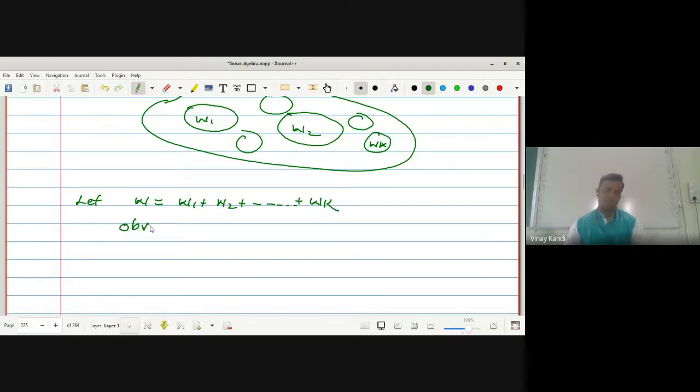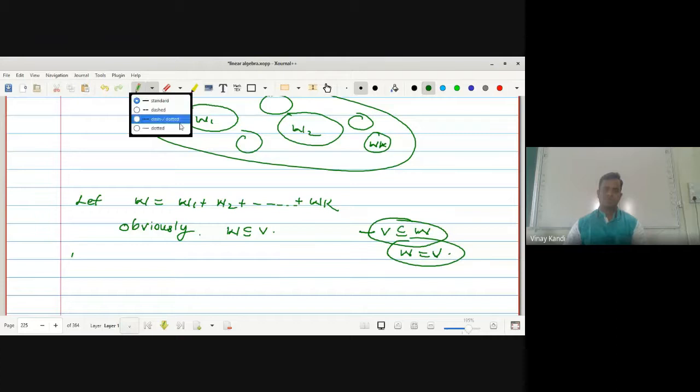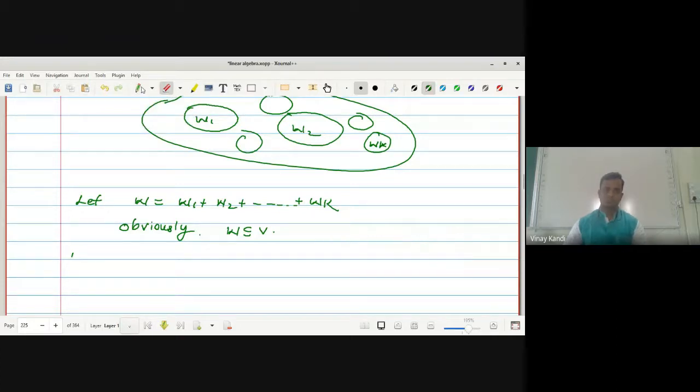Obviously this W, the sum of all these spaces, is contained in V. Is it correct? Yes, sir. If we prove V is contained in W, then W is equal to V. Is it correct? If I prove this statement, then this will be correct. This is obviously visible, understand.